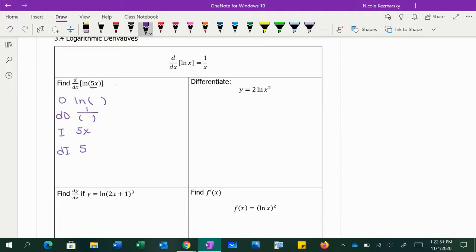To put this all together, the derivative is 1 over the parentheses, and in the parentheses goes the 5x, times the derivative of the inner. If we want to clean this up, we can put the 5 up top and make this 5 over 5x, and then cancel the 5's to make our answer 1 over x.